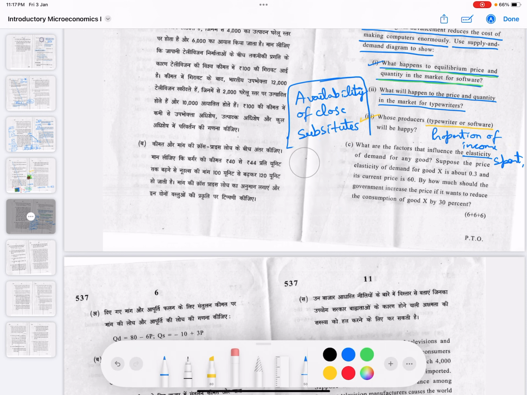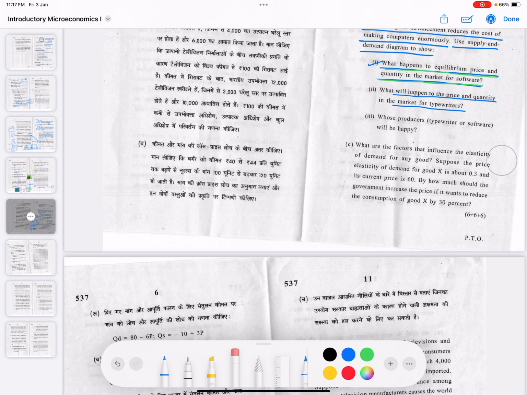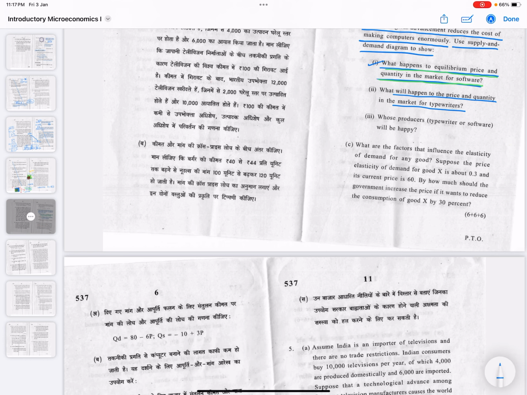Now moving on to the second part of the question. What are the factors that influence the elasticity of demand for any good? We have done. Suppose the price elasticity of demand for X is about 0.3. So ED is given to us as 0.3 and the current price P0 is 60.